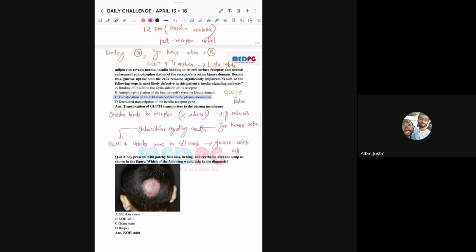Question number 4. Patchy hair loss with itching and erythema is shown in the figure. So what is it? This is a classical picture of tinea capitis. There is patchy hair loss with itching and erythema.